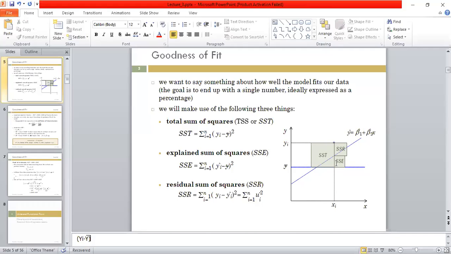Now this distance, y minus y bar, is called the variation of y, the variation of y from its mean. The total variation of y from its mean. So the difference between a y value and the mean of y is called the total variation.